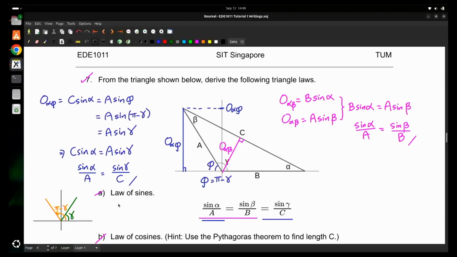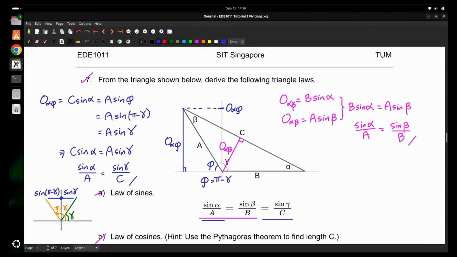So what's the thing about sine? Sine is that you just find the coordinate or projection onto the y-axis. Simple as that. So you can see that it's going to give you the same projection, which is this point. This point is going to be sine gamma, which is also sine pi minus gamma, because it's just projecting the hypotenuse length onto the y-axis.